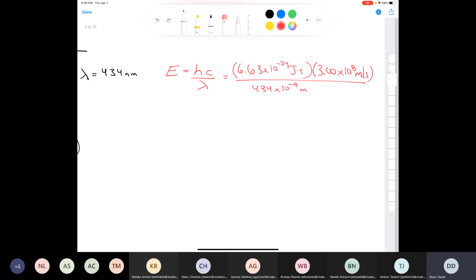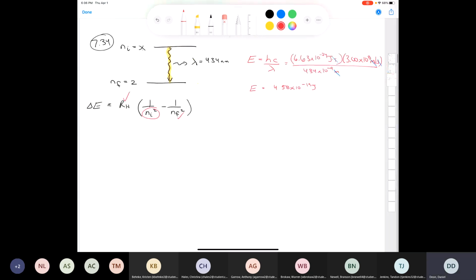My units of meters cancel, as do seconds. I'm left over with my energy in joules. So my energy is going to be equal to 4.58 times 10 to the negative 19 joules.